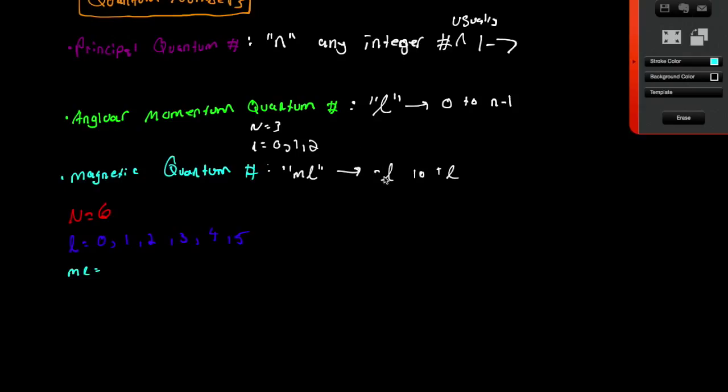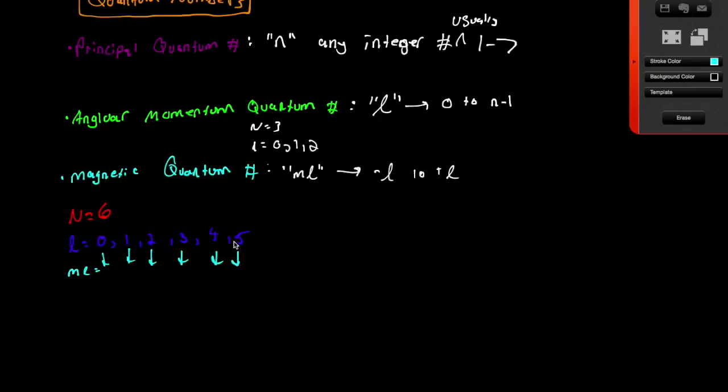It's just negative L to positive L. Well, you get to choose what number you want to input into that formula. L can be multiple of these. So you can draw an m sub L for 0, an m sub L for 1, and 2, and 3, and 4, and 5. And m sub L would have multiple values, right?